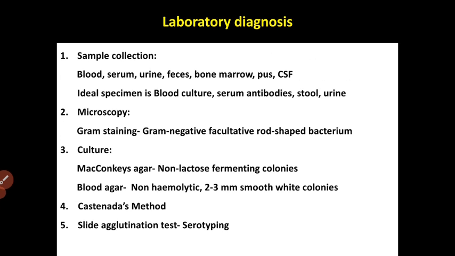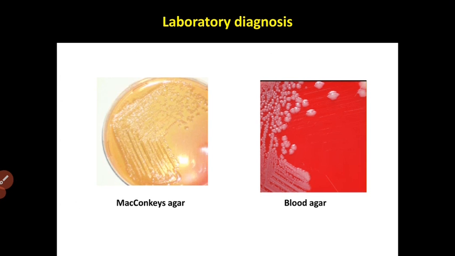Understood? Now what happens? Clumping of bacteria in the test slide occurs within a few minutes if the antigen antibody reaction is specific. And the control saline emulsion of bacteria does not show any change. Okay, we check both. Understood? See, these are the images. MacConkey's agar, blood agar.